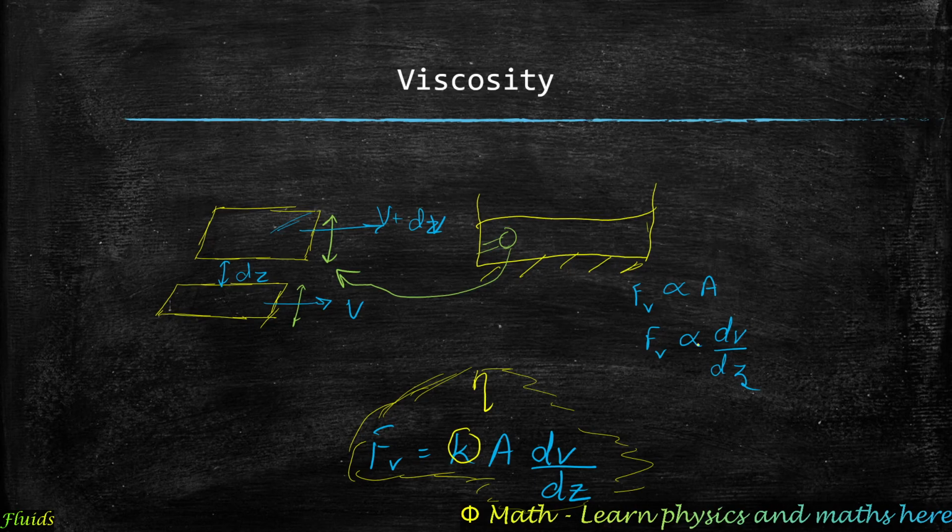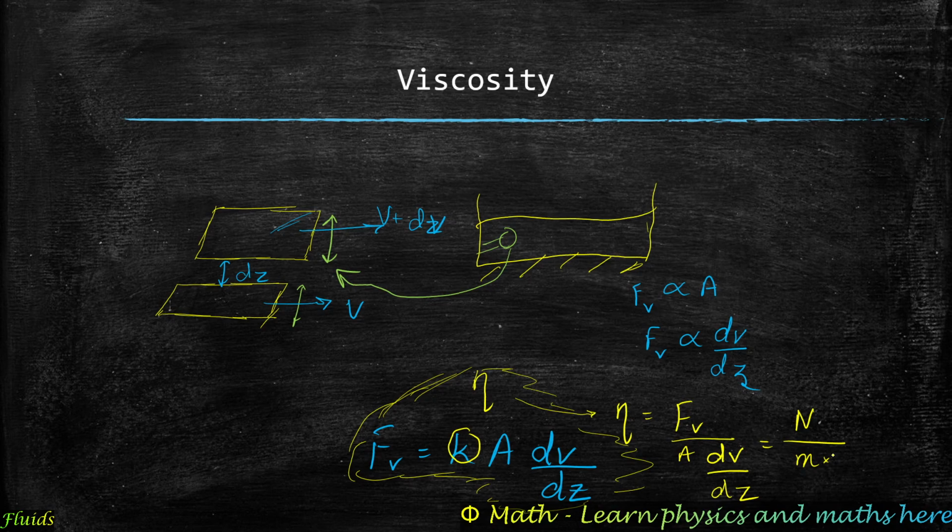So what are the units of this eta? We can say that eta would be F times dz over A times dv. We can see that dz is change in distance. This is force in Newton. This is meter square. And this is meter, so these get cancelled.